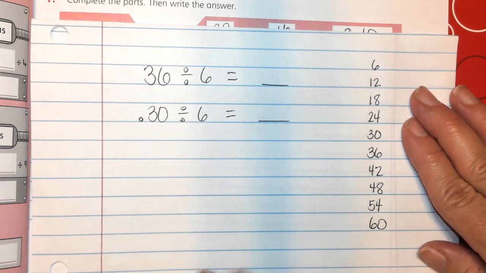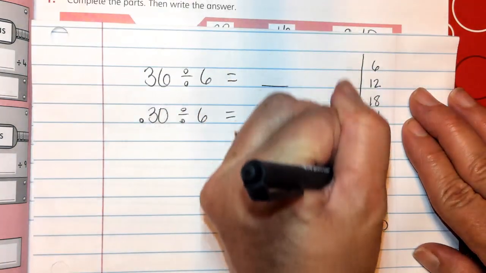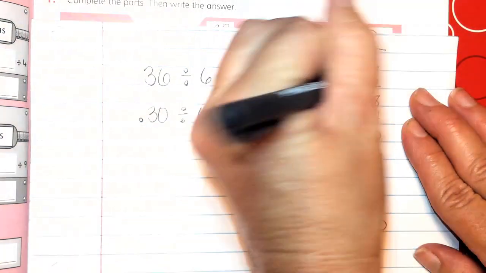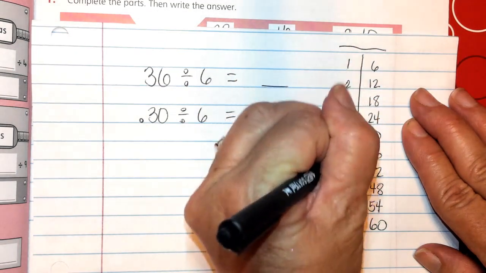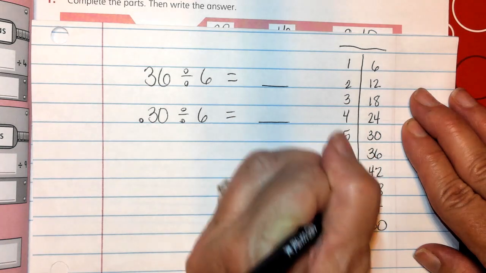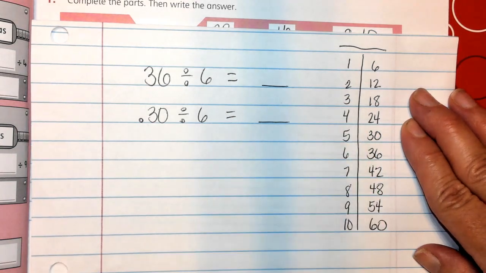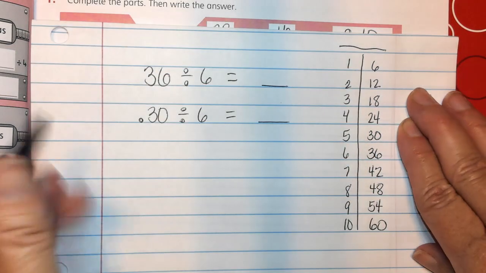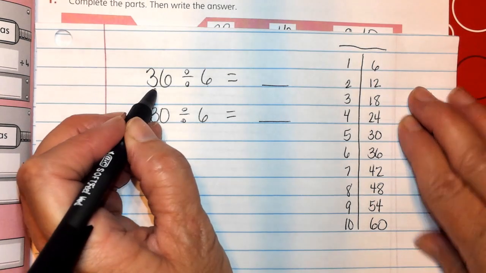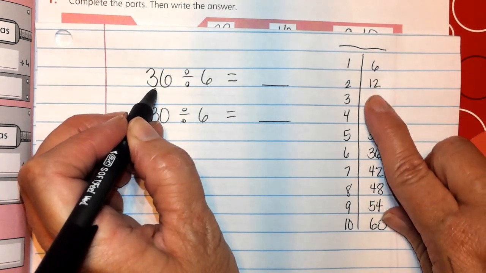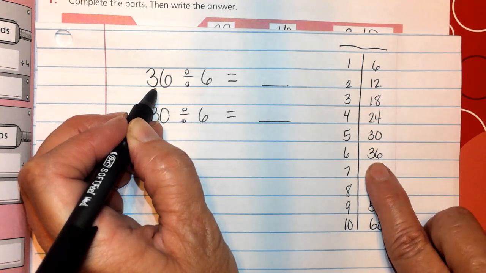All right, and if I make that a little T-chart, it makes it really easy: 1, 2, 3, 4, 5, 6, 7, 8, 9, 10. So how many groups of 6 will get me to 36? I'm going to go right down and get as close as I can get to 36.